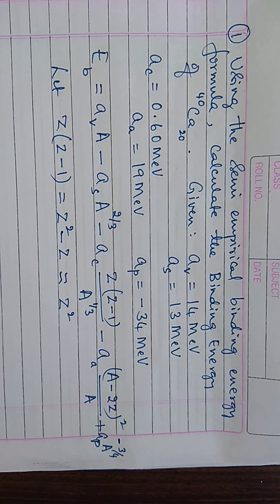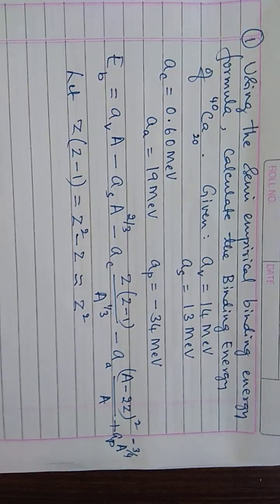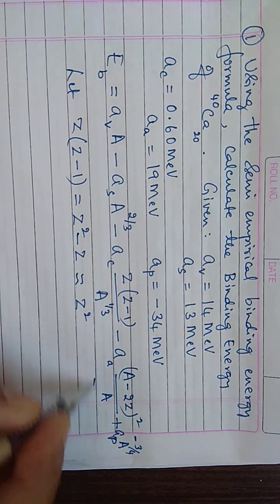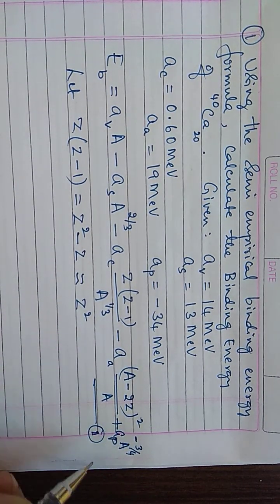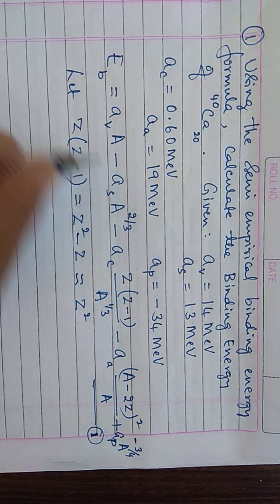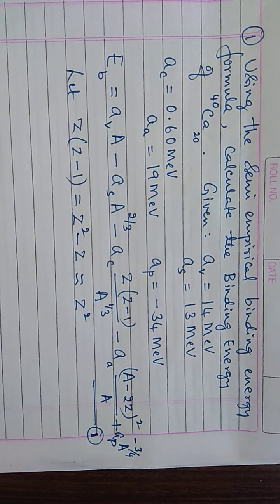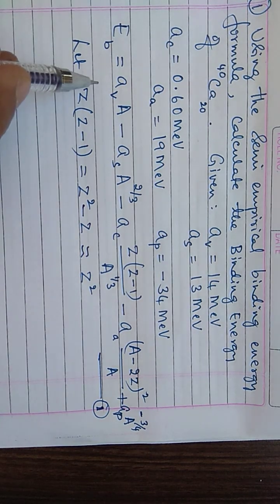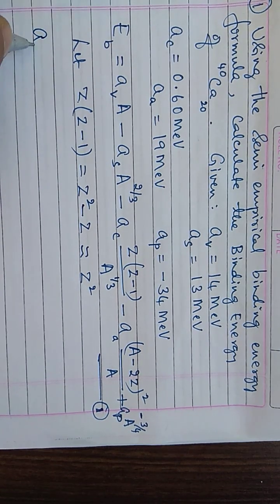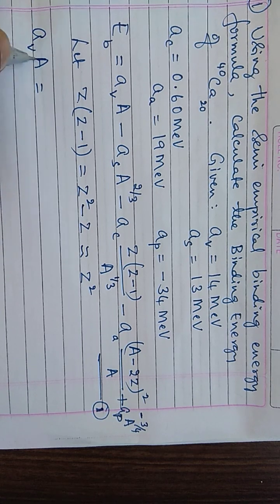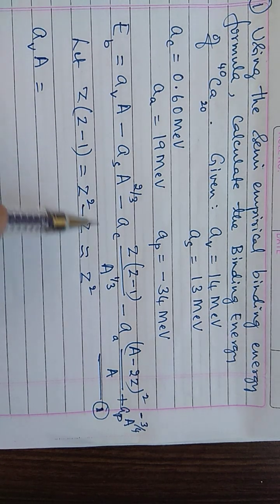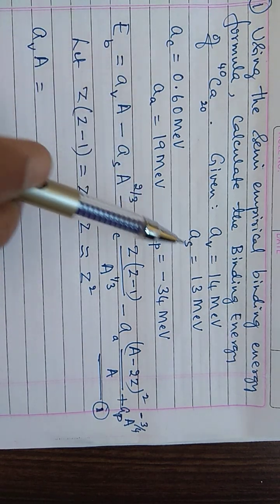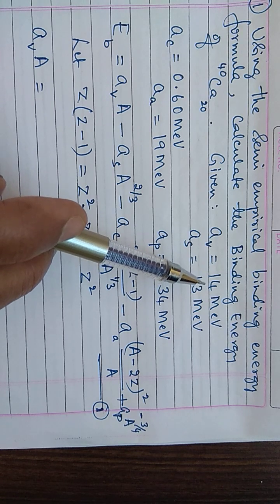Now let us have all the calculations one by one here. Then we can substitute into equation number 1. Let us take up one by one now. First, AV into A. The AV value is already given, 14.